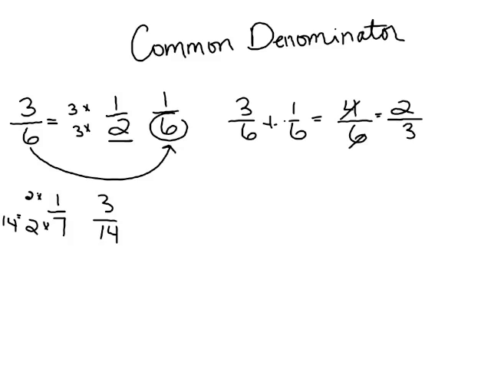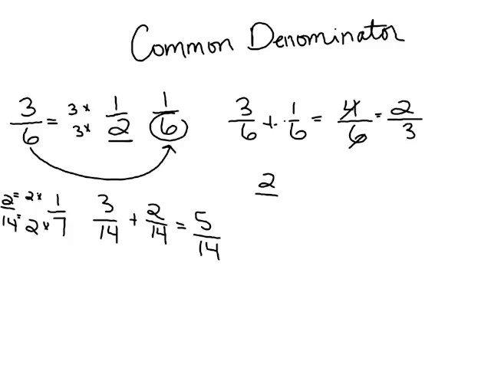So 1 times 2 is 2. So 1/7 turns into 2/14. And I want to add those together. 2/14 and 3/14. So how many pieces of a 14th will I have now? 5. 5/14. Will that simplify? No.